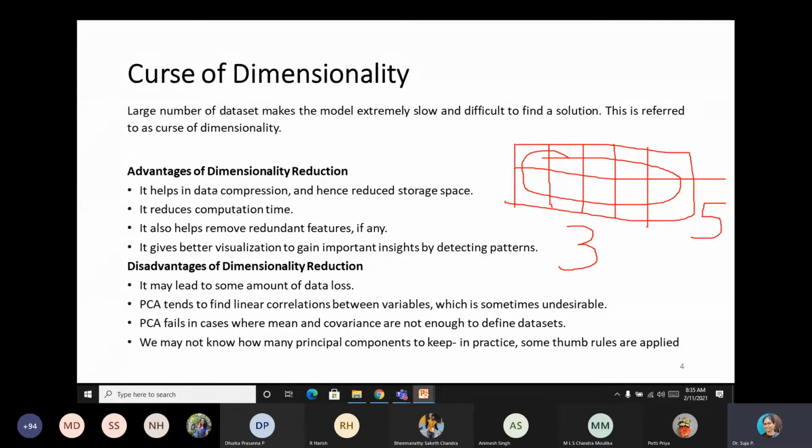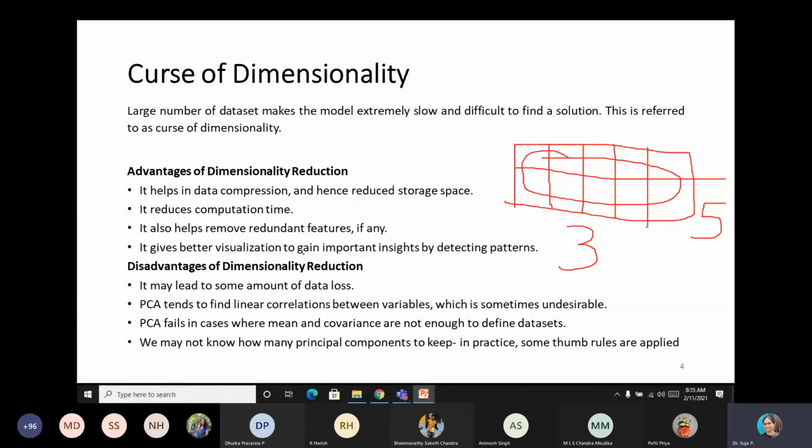In that way it helps in data compression because it reduces the storage space, and since the number of features is reduced, it reduces the computation time, and it also helps with redundant features. Sometimes the same feature is given under multiple feature names, so that will be removed.